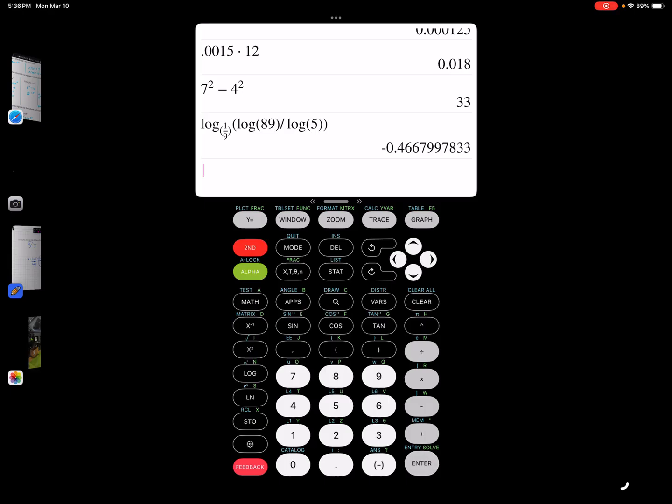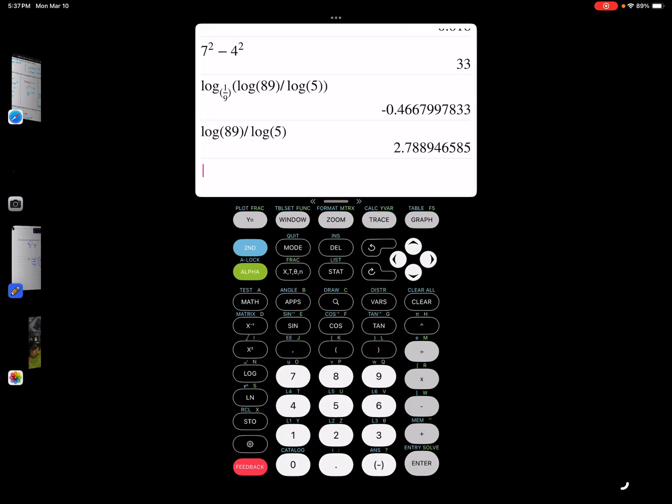Too much stuff in there. I hit delete by accident. Log 89 divided by log 5, and you've got to close that parenthesis, otherwise you get the wrong answer. So 2.7, blah, blah, blah.